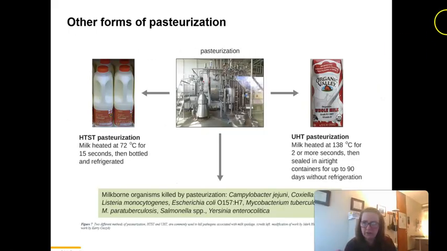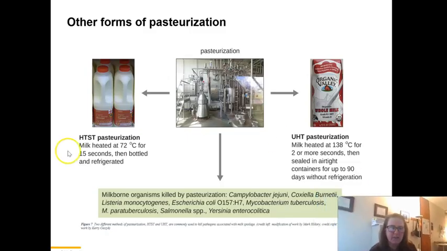So there are some other kinds of pasteurization you might have heard about. We have HTST, high temperature, short time pasteurization. The milk is heated at 72 degrees Celsius, so a little bit warmer, but just 15 seconds, and it's bottled and refrigerated.